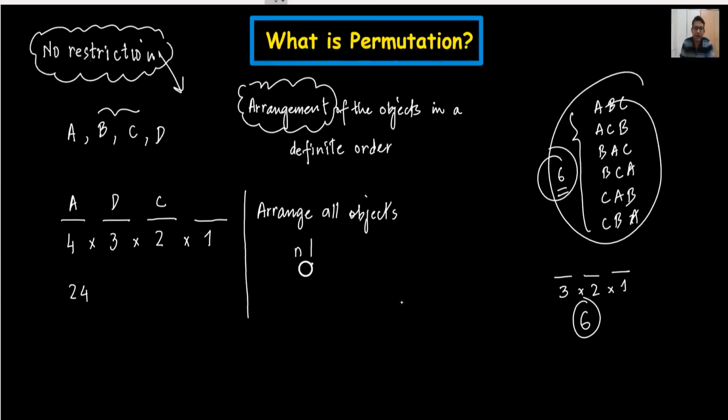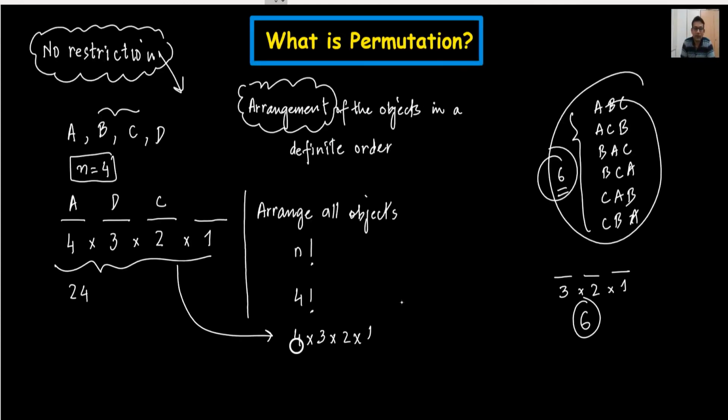What is n factorial? N means how many objects in total, here we have four. So we can write 4 factorial. The 4 factorial means 4 multiplied by 3 multiplied by 2 multiplied by 1. 4 times 3 is 12, and 12 times 2 is 24, times 1 is also 24. So there are 24 ways to arrange A, B, C, and D.